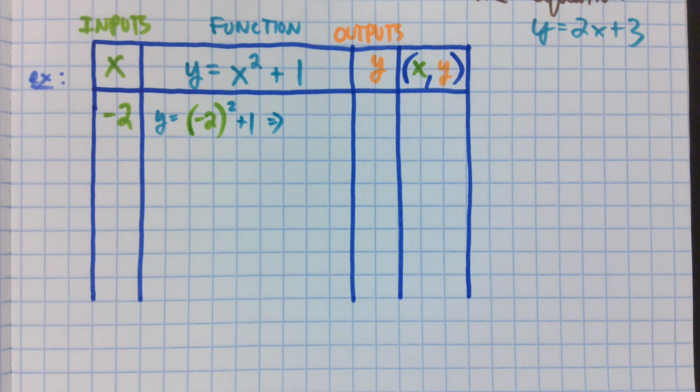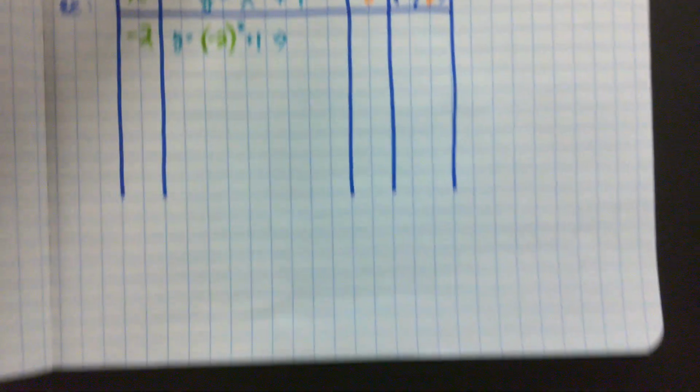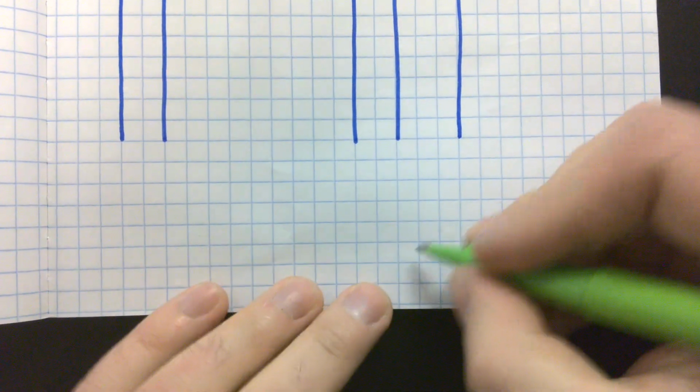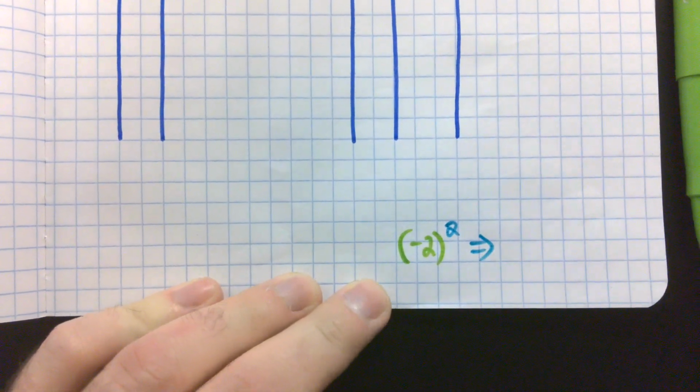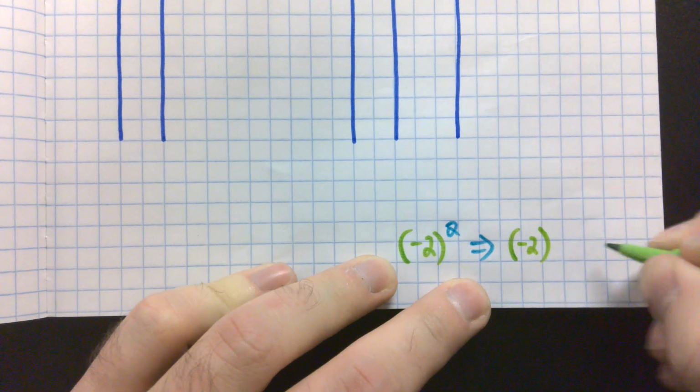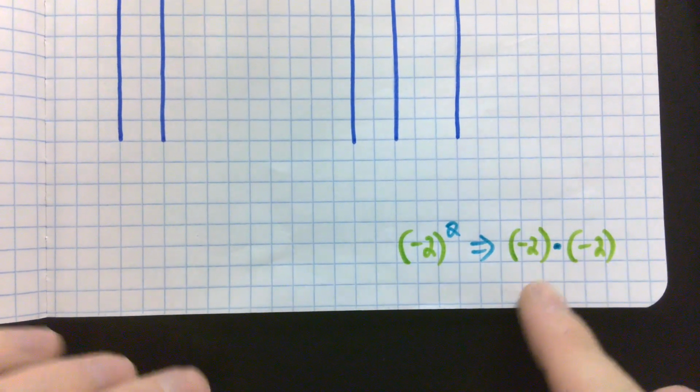Now, when we say -2 squared, what are we doing there? -2 times -2, right? Not -2 times 2. It's -2 times itself 2 times. Down here, -2 squared is equal to negative 2 times negative 2.